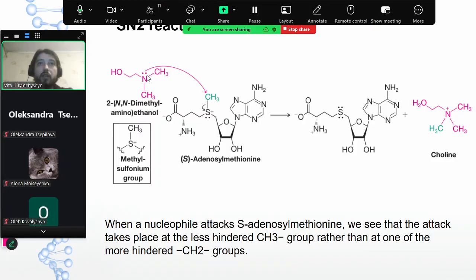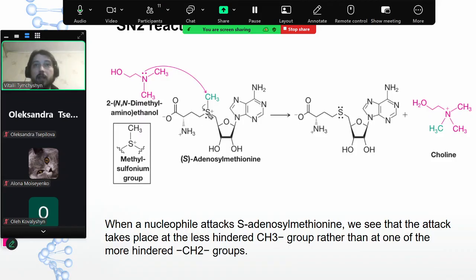Once more you see this non-bonding electron pair used to create a bond here, and these electrons go to the sulfur atom. So we get choline and some leftover. The thing is that when the nucleophile attacks, in this case adenylyl methionine, the attack takes place at the less hindered CH3 group rather than the more hindered CH2 groups.